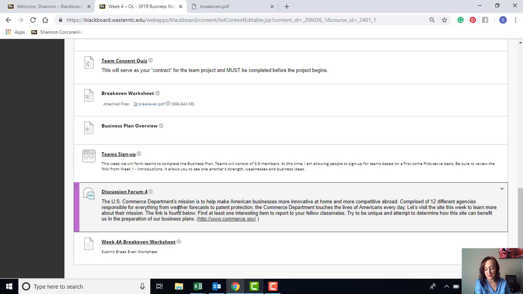In addition to the discussion forum, there is a break-even worksheet. As I'm reading through your guys' work, I think you guys understand break-even pretty easily. Forecasting and purchasing was a little difficult for you guys. So again, go back and review that feedback so you can make those corrections. That's your forecasting and your purchasing. Those are huge for you guys this term, and making sure that you're forecasting the right amount of inventory.